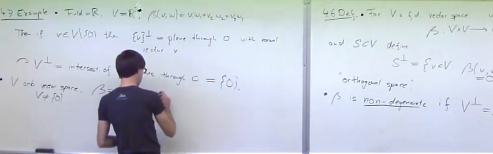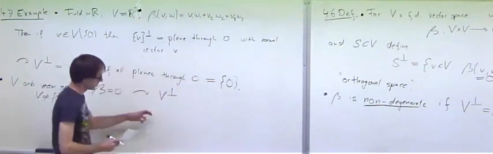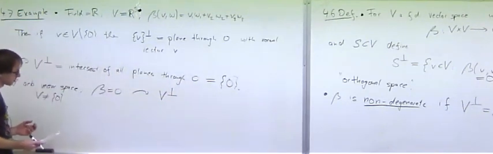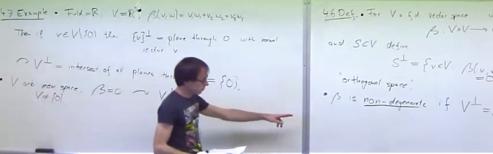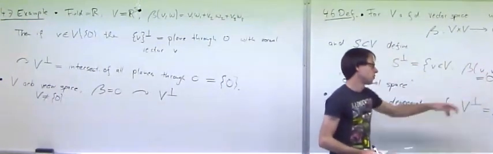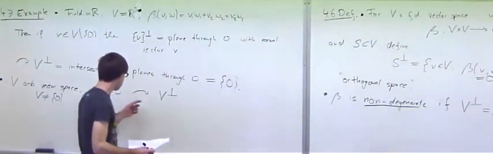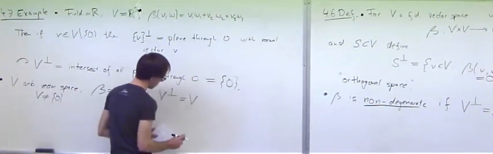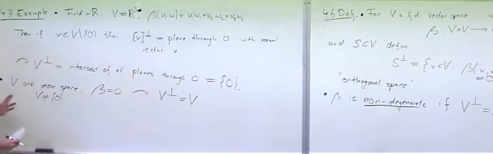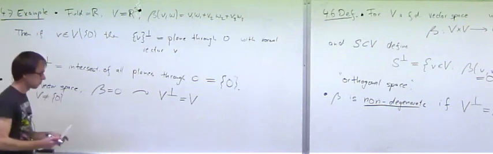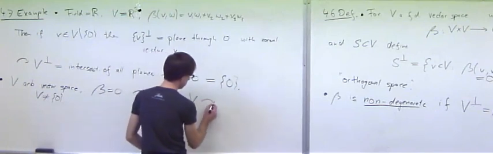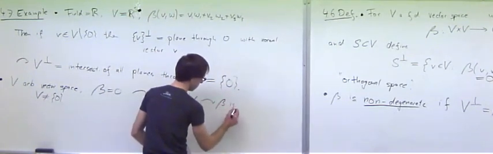Then what's the space of vectors orthogonal to V? Well, that's the space of vectors such that all beta of V, W vanish, but they all vanish. So this is the entire space again. So in this case, this bilinear form is not non-degenerate. So beta is degenerate.